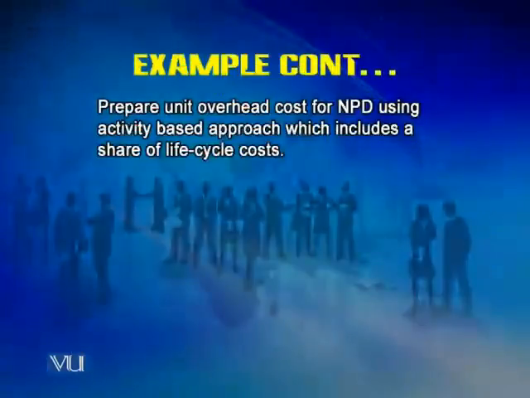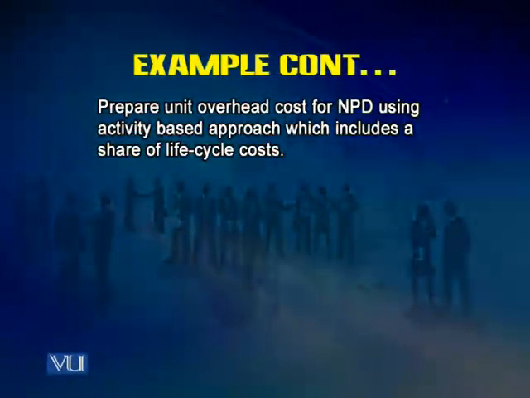We have to therefore arrive at a per unit cost, and once we arrive at a per unit cost of each driver, then we can accumulate that and arrive at the per unit overhead cost of NPD altogether. So the requirement is that we are going to use activity-based approach and include a share of the life cycle cost to arrive at the unit overhead cost of NPD.